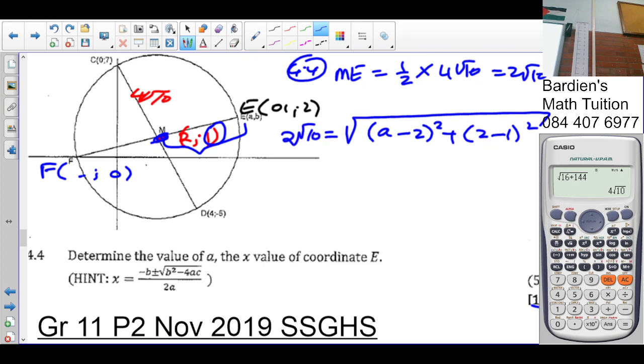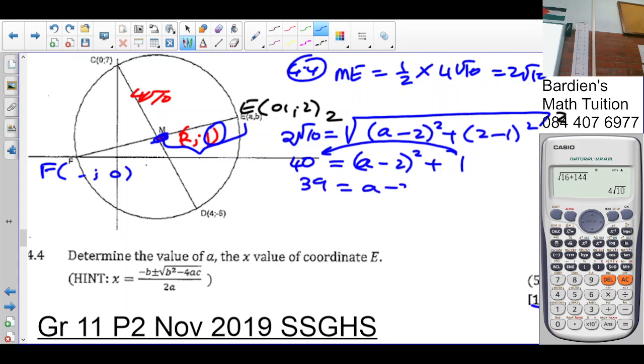So to get rid of the square roots, I square both sides. By doing that, I will get 4 times 10, which is 40, equals a minus 2 squared, plus 2 minus 1 is 1 squared is 1. You take it over the equal sign. It's going to give you 39 is equal to a minus 2 whole squared.